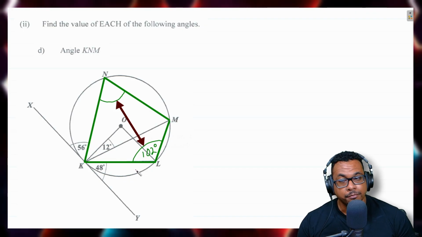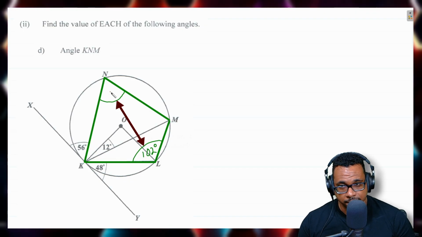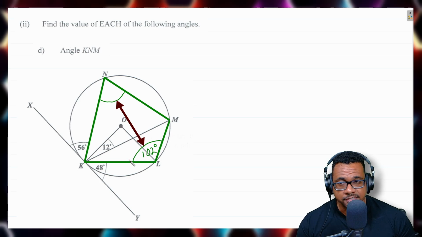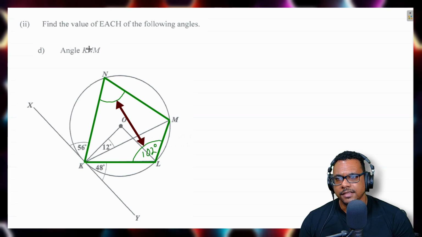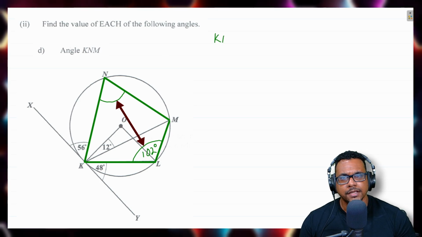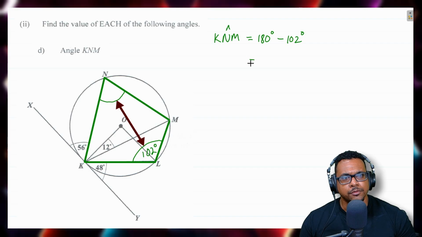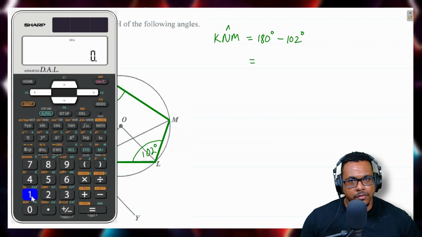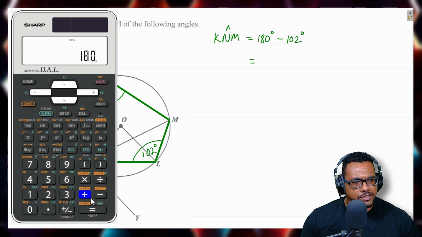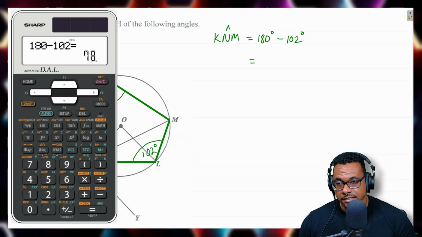Therefore, when you add them up, they are supplementary. So when you add them up, they must add up to 180 degrees. So angle KNM is simply equal to 180 degrees, take away that 102 degrees. And that will be equal to 180 degrees, take away 102, and we get 78 degrees.